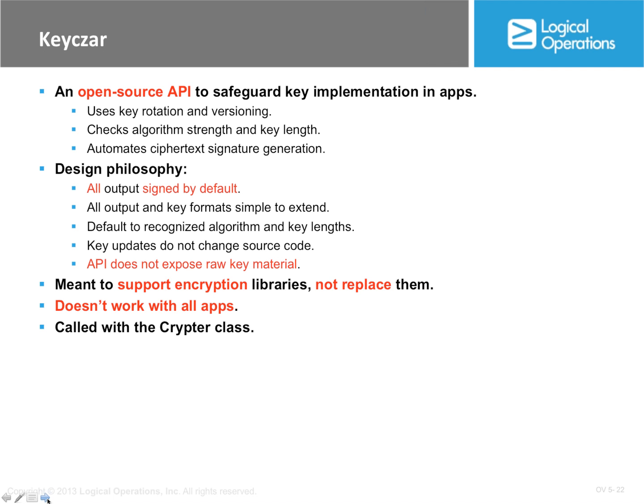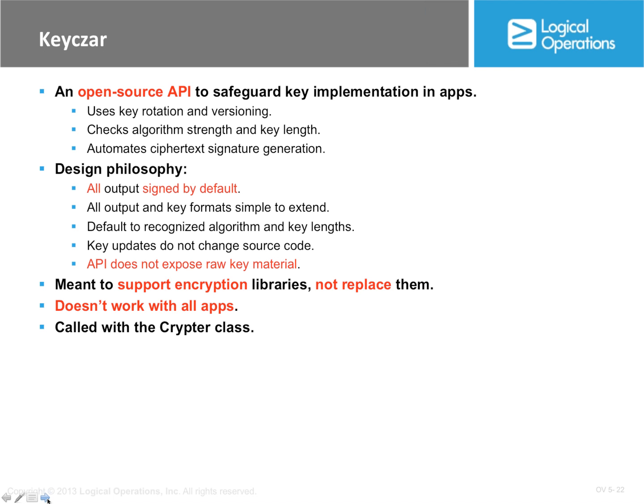So the basics of Keyczar: there's a number of mistakes the developer can make when adding encryption to his apps, right? He may choose a bad algorithm, bad cipher modes, poor key management or poor key rotation.